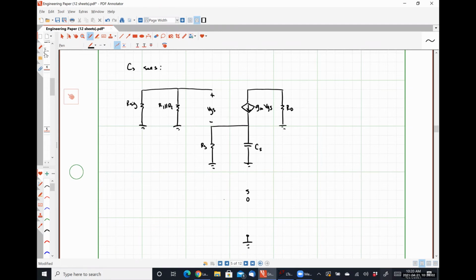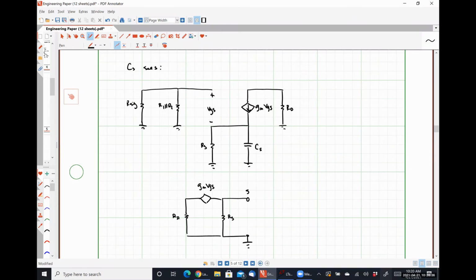I have between my source and ground, for sure, my resistance RS. And then I also have between my source and ground a current source gm VGS in series with my resistance RD.